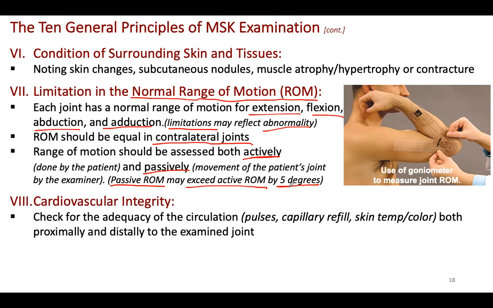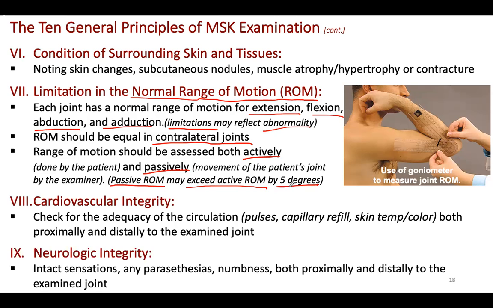The last two general principles: always assess the cardiovascular integrity, check the adequacy of the circulation, pulses, capillary refill, skin temperature and color, as well as neurologic integrity. Because some skeletal injuries, like bone fractures, can cut an artery or can compress an artery.